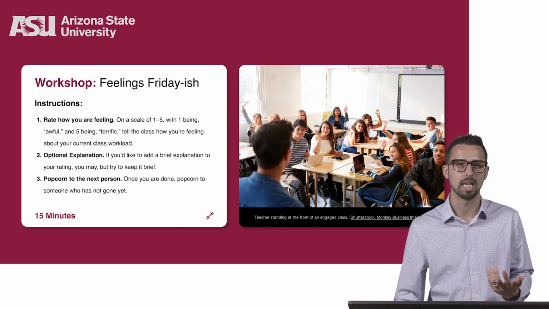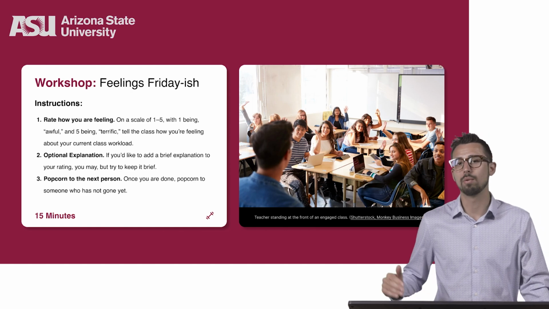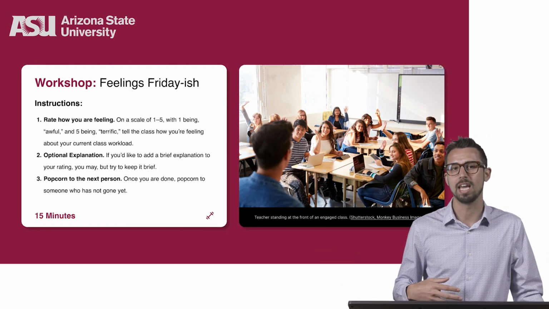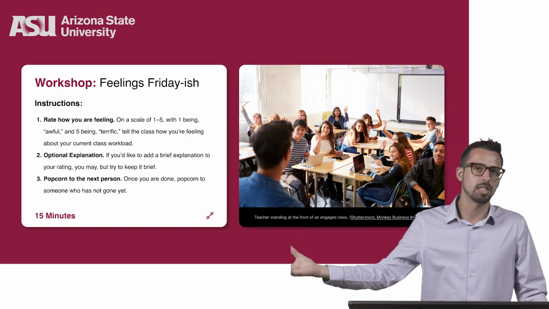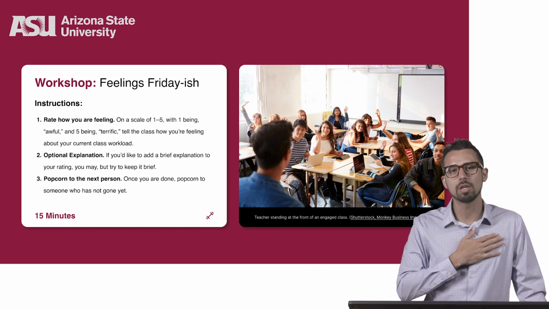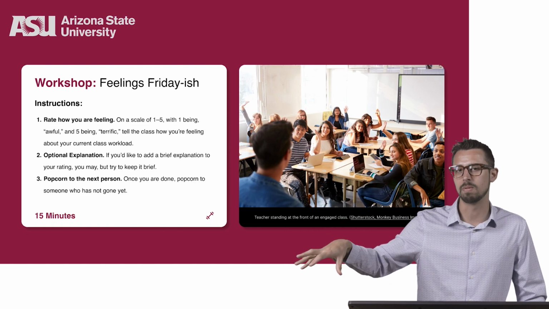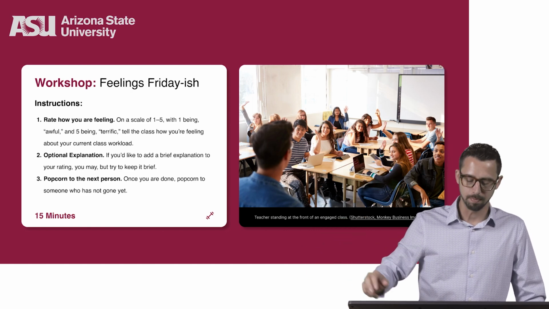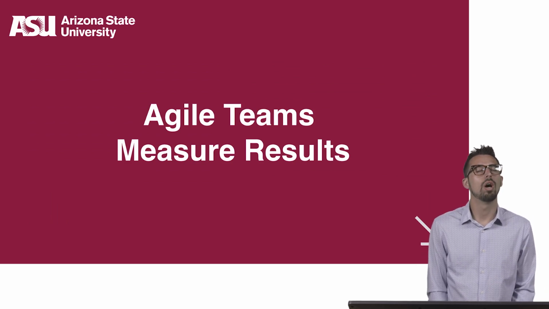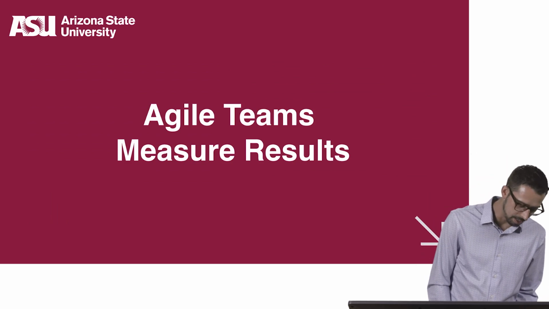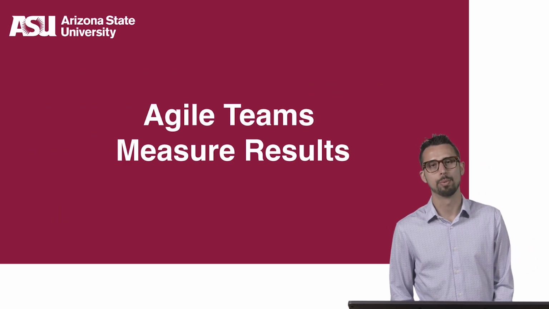However, since I was able to gather quantitative data and qualitative data together, I now have a story that can inform my decision making. That way, if you're feeling like a 1 or a 2 because you have a midterm coming up in another class and it has nothing to do with my class, I don't go and make meaningless adjustments to your workload. That happens all the time in our work.